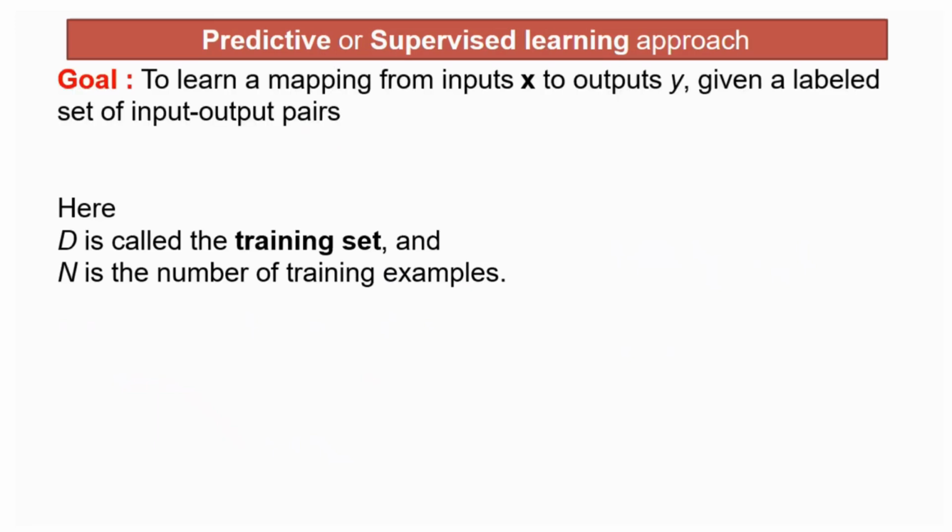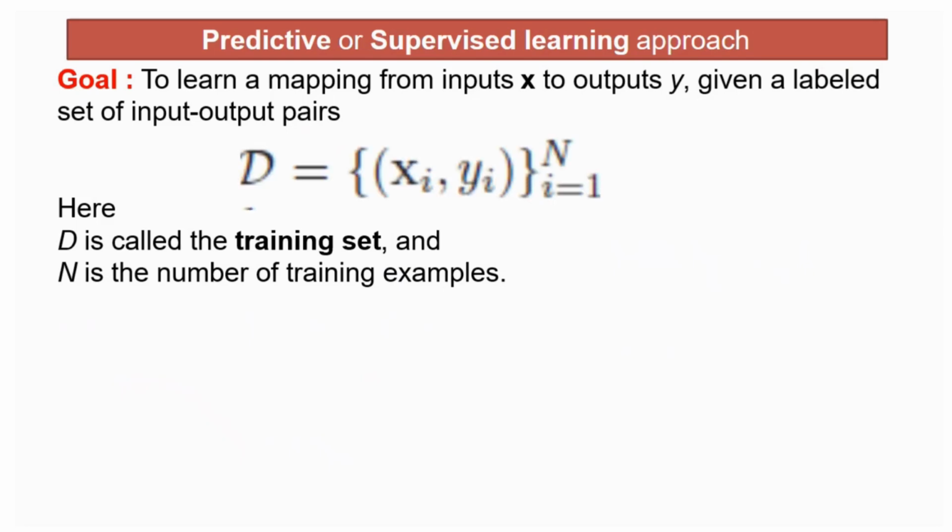Look at the supervised machine learning approach, how to notate it, and the theoretical background behind it. The goal here is to learn a mapping from inputs, called X, to outputs, called Y, given a labeled set of input-output pairs. In supervised machine learning, we give data as a pair: one is the input and the other is its corresponding label.